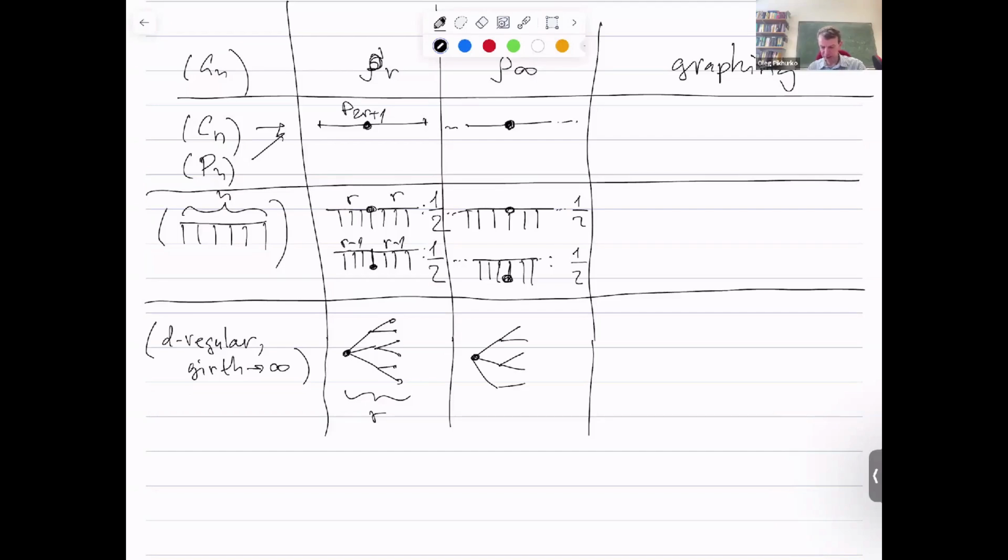It's a bit different from the binary tree, because in the binary tree the root had a different degree, but now the root has the same degree as everybody else. So here d equals 3 for illustration, and r equals 2.